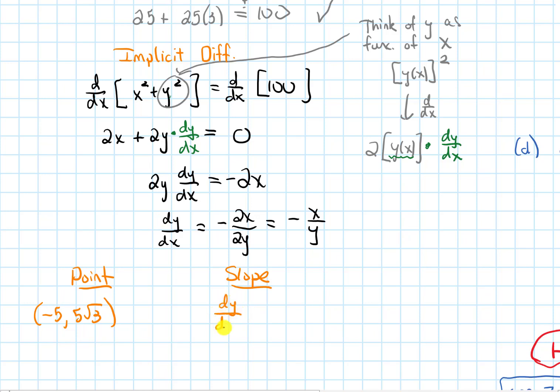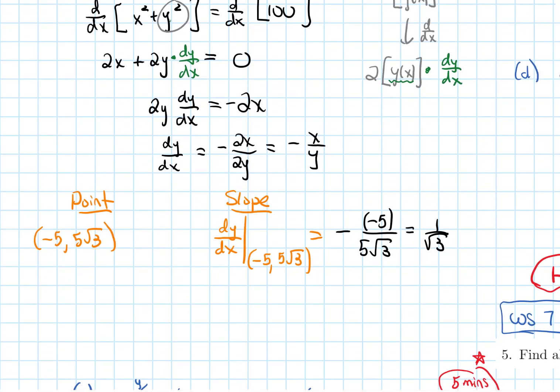So we take dy dx and evaluate it at the point negative 5, comma 5 root 3. If we plug those values in, we get negative x, which is negative negative 5, over the y value, 5 root 3. And this simplifies to 1 over root 3. And that's going to be my slope.